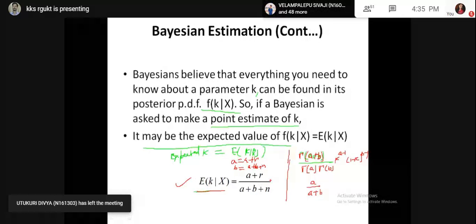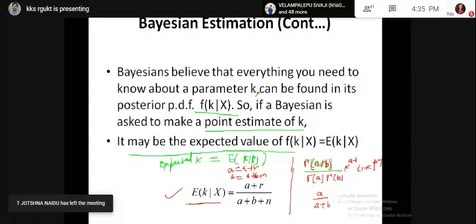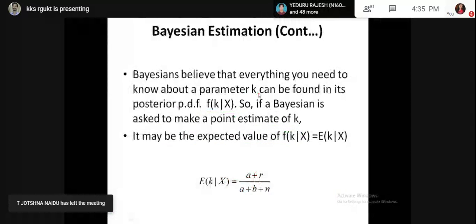This was one example for Bayesian distribution.